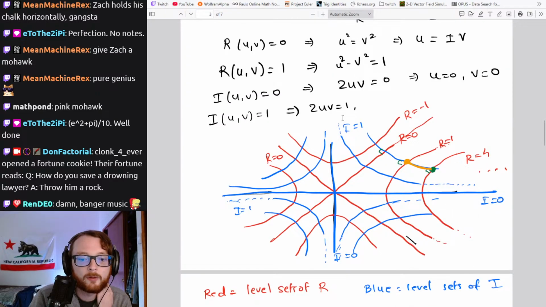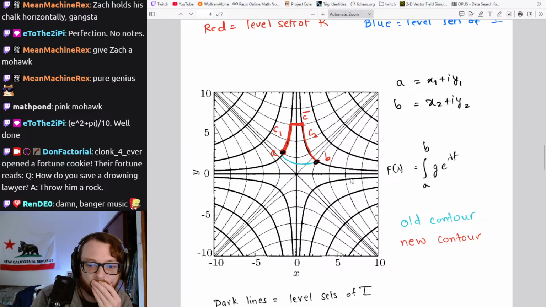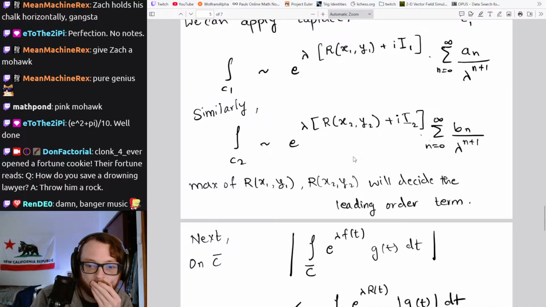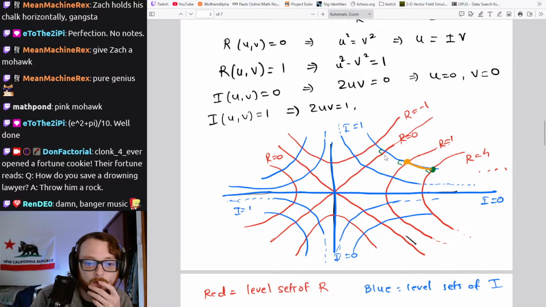All right. Oh, we do need to check something else with this. If we're traveling along, say, this is for a different problem, but if we're traveling along this red curve, this red line for r equals 0, we want to make sure, I think, the max of the real part was important, but the real part is constant on this level curve.